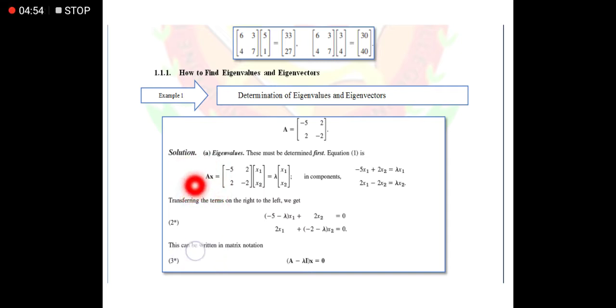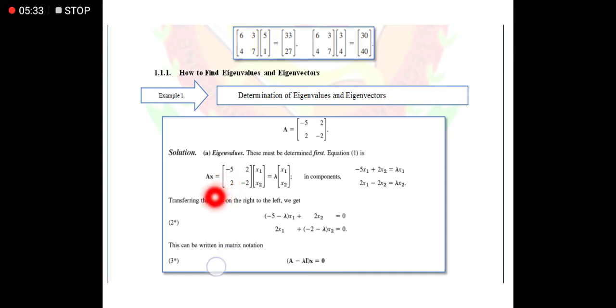Please look at our guide. The Ax means we will multiply our matrix with the vector x1 and x2. For your information, a vector can also be represented with a matrix with only one row or one column, because it is just a single combination of entries.